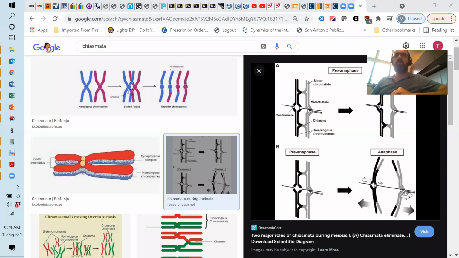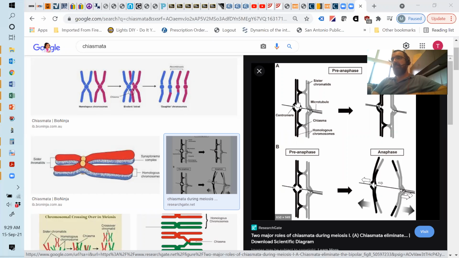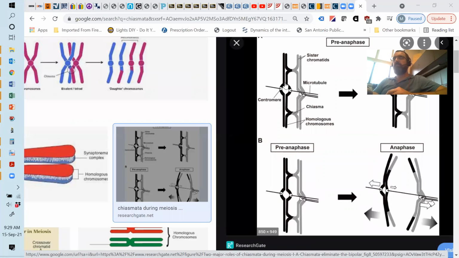They're really, really important in how this all works, right? The molecular mechanism. So essentially, we have these two sister chromatids stuck together with cohesin, and these two sister chromatids stuck together by cohesin.